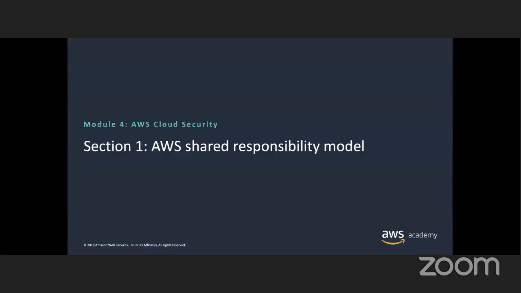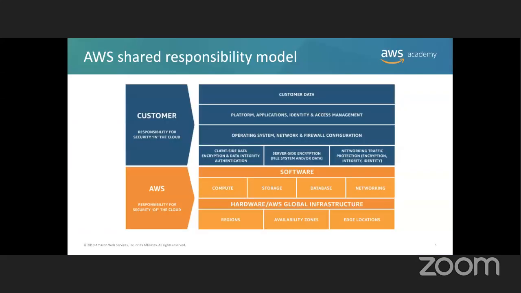Okay, so let's talk about the first section, which is the AWS Shared Responsibility Model. This is a very important chart that was taken straight from the AWS website documentation. Customers, like I said before, are responsible for the security in the cloud, and AWS is responsible for the security of the cloud.